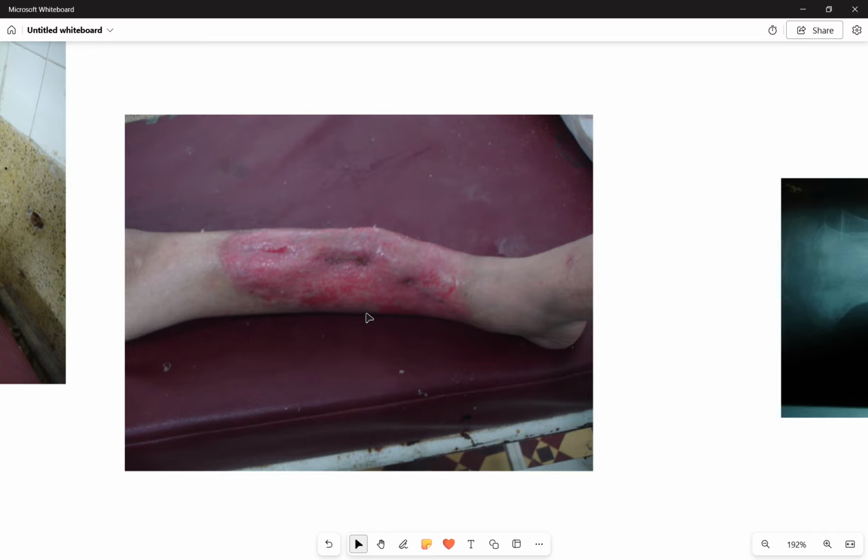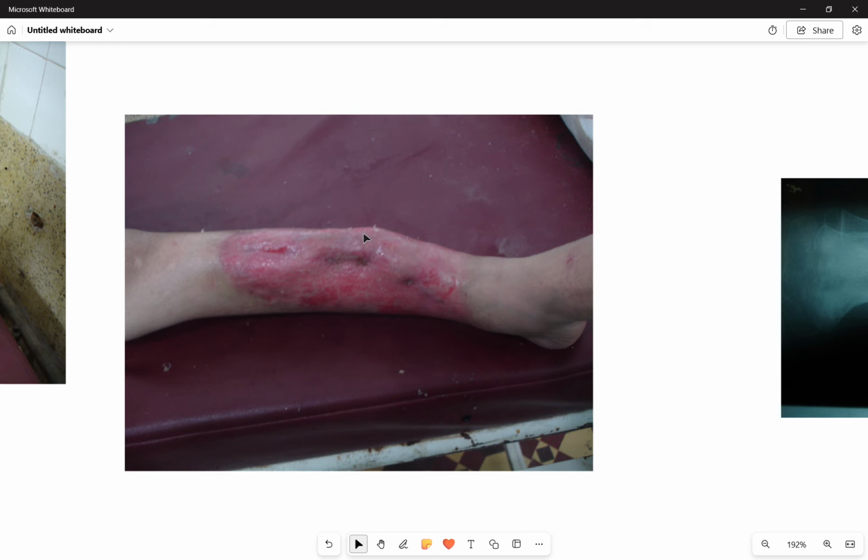You can see the skin is very much red. The ankle joint and the knee joint are not involved, and there are multiple sinuses over here which are trying to heal up.